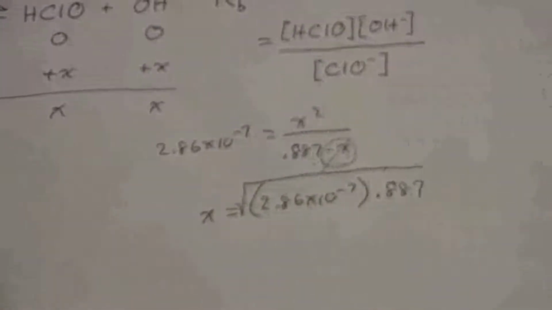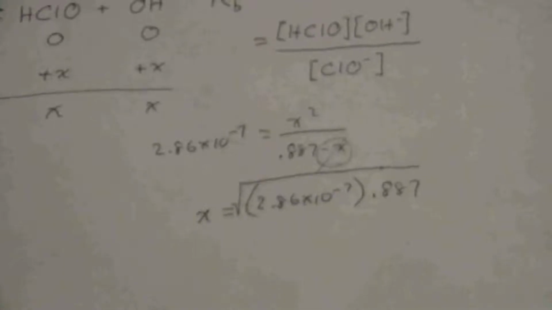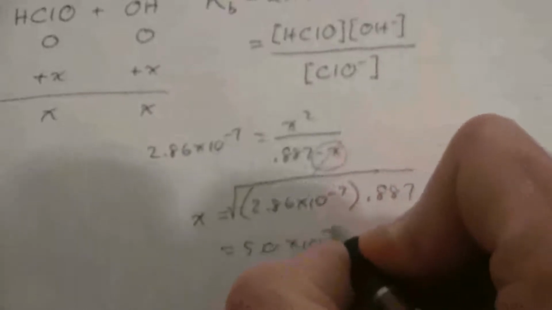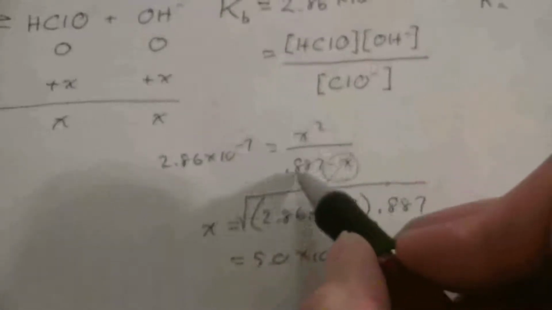We put this in the calculator, and we get 5.0 times 10 to the minus 4.